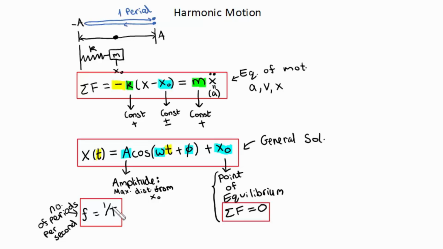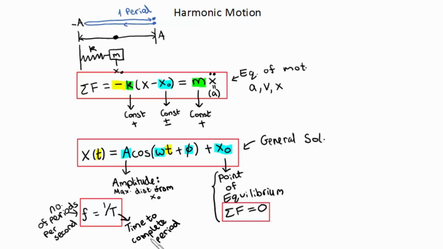Now notice this is a capital T, so it's different to this t over here. This capital T is the time, written with a capital T to differentiate from this time over here, to complete a period.